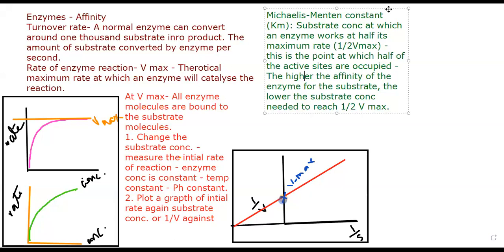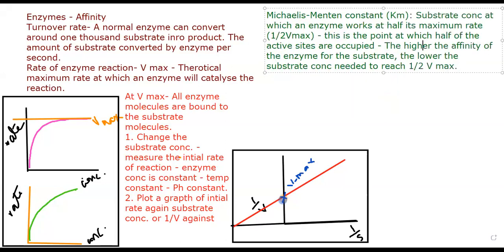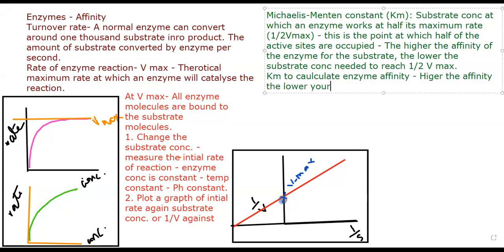So what are we going to see? We are going to see that we can use Km to see enzyme affinity. So Km actually tells us about the affinity of the enzyme. Vmax tells us about the turnover rate or the rate of reaction. Km tells us about the enzyme affinity. What is the affinity of this enzyme for this particular substrate? And remember this, the higher the affinity, the lower your Km.